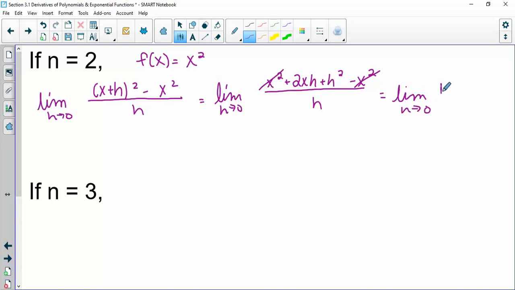So we're taking h out of what's left. You can drop those h's. If you plug in your 0 then, you get 2x.